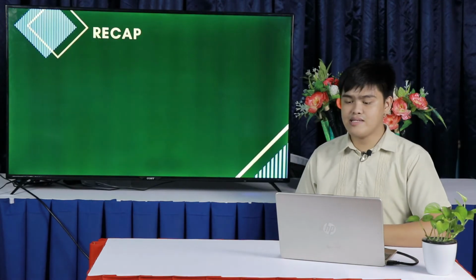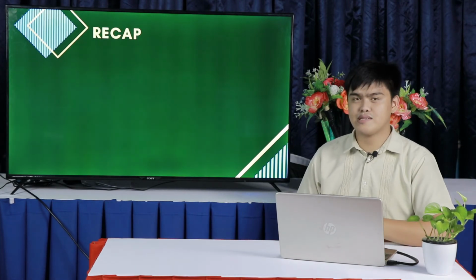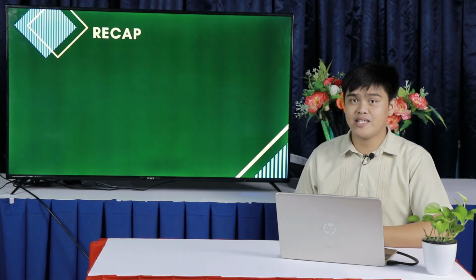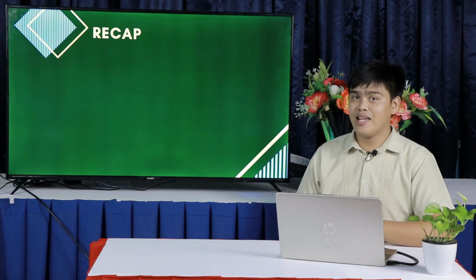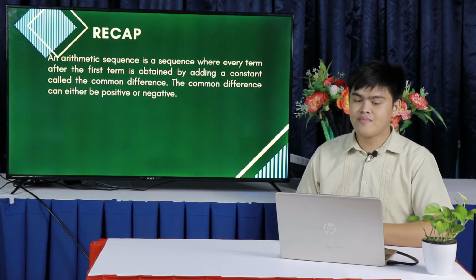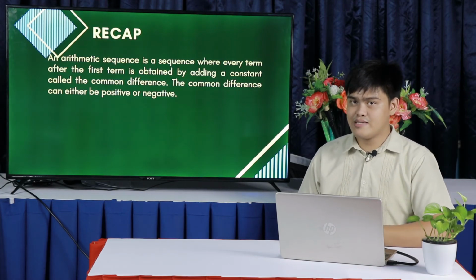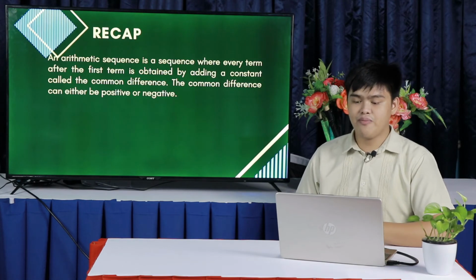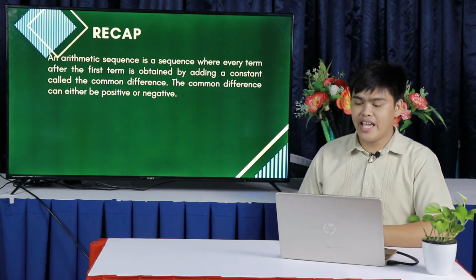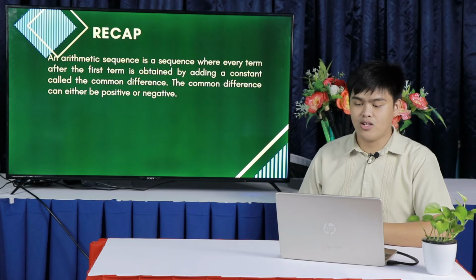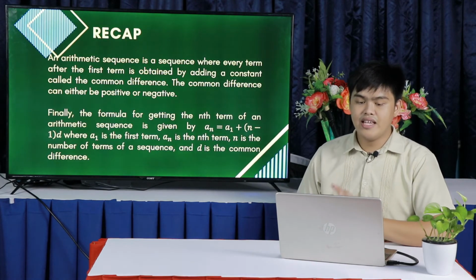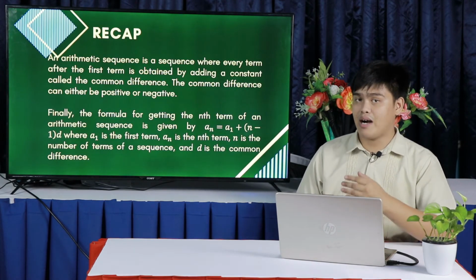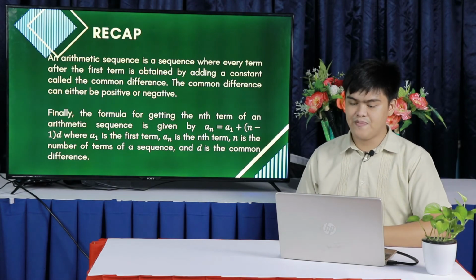We are now done discussing the basic concepts and some examples about arithmetic sequences. Now let us have a recap. An arithmetic sequence is a sequence where every term after the first term is obtained by adding a constant called the common difference. The common difference can either be positive or negative.